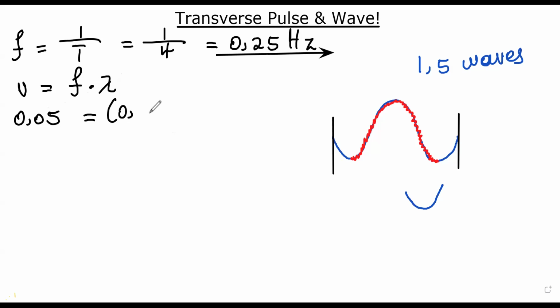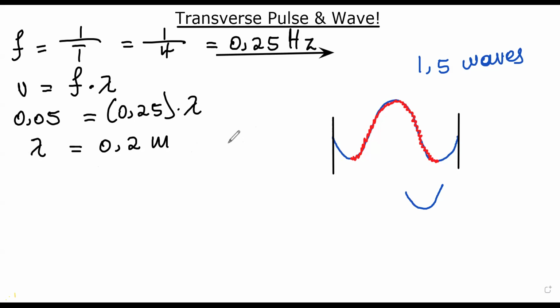The frequency, we just found it. Now we are looking for the wavelength. Then we divide both sides, of course, by 0.25. And we find that the wavelength is going to be 0.2 meters.